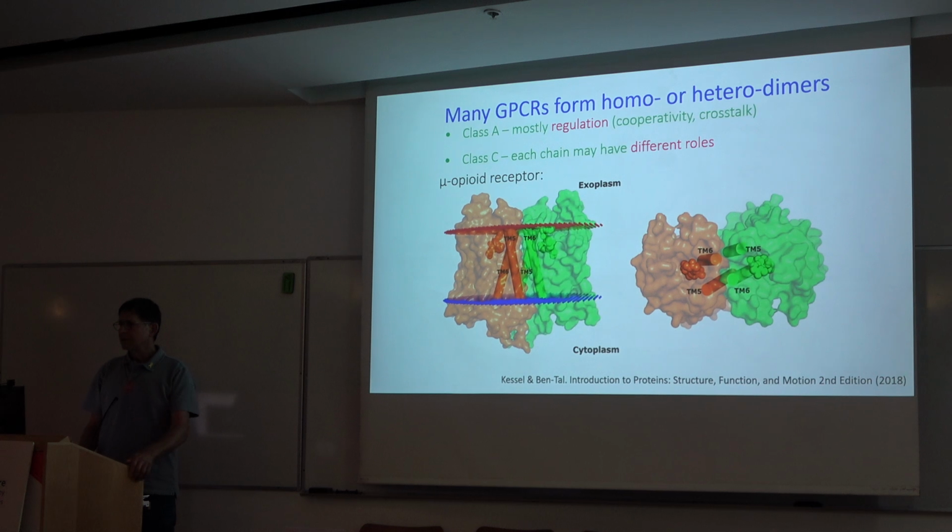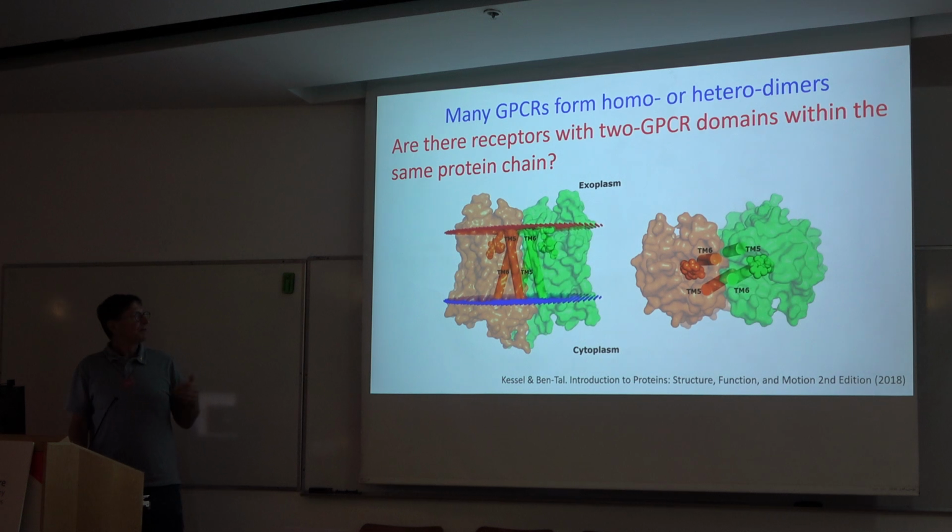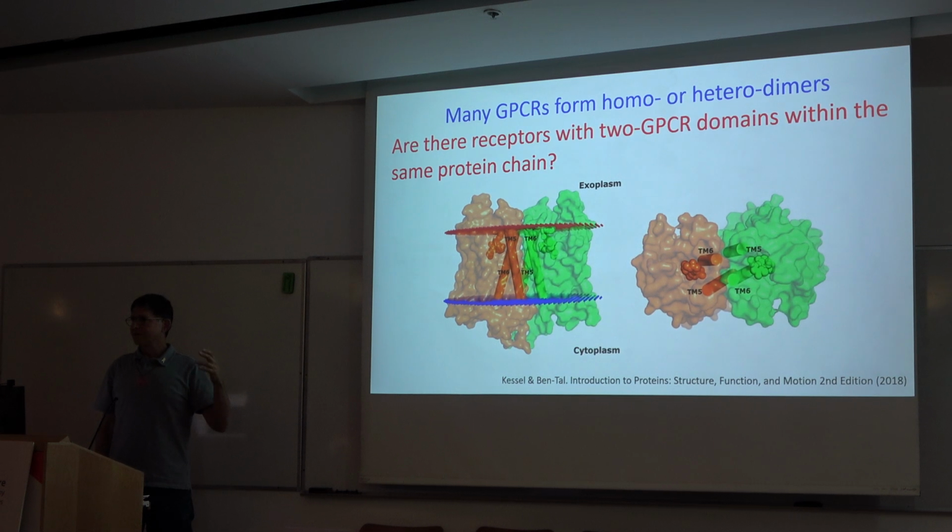So we were wondering, since they have to pair up, maybe there are cases where the same protein chain includes both GPCRs, just linked to each other along the same chain. And we went to look for cases like that, and actually for completeness, we just looked for any case with more than one GPCR in the same chain.